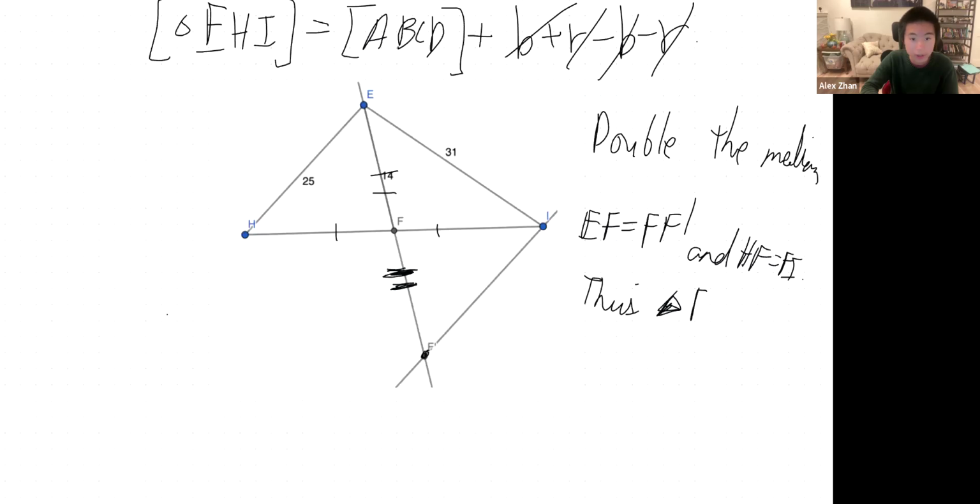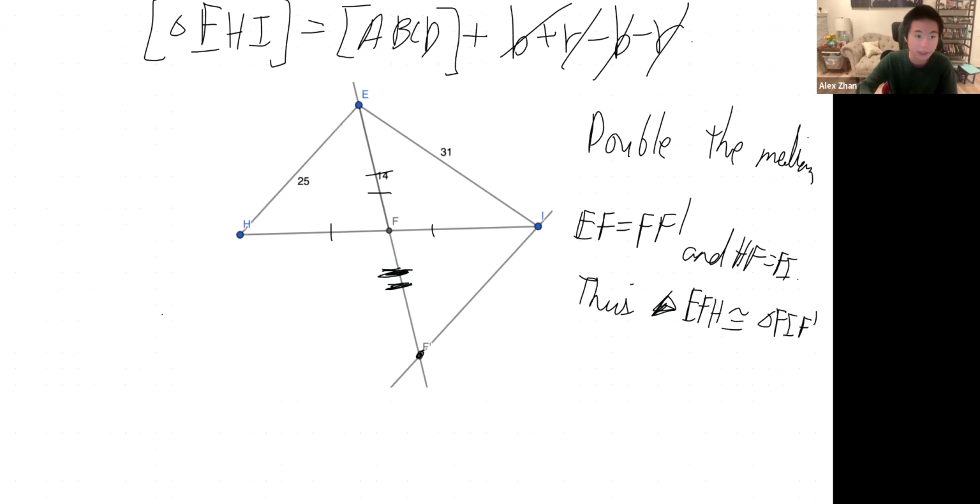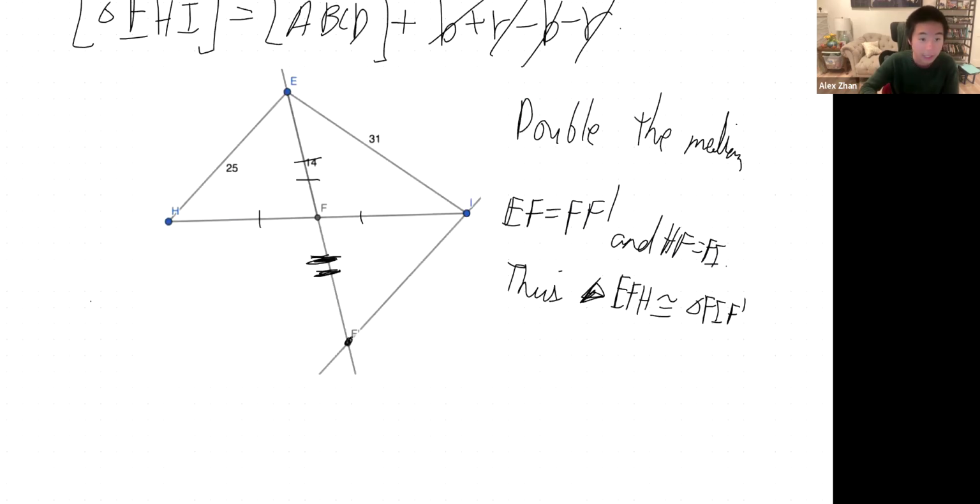Triangle EFH is congruent to triangle FI F prime. And then with this, what we now have is that F prime I is thus equal to EH, equal to 25.